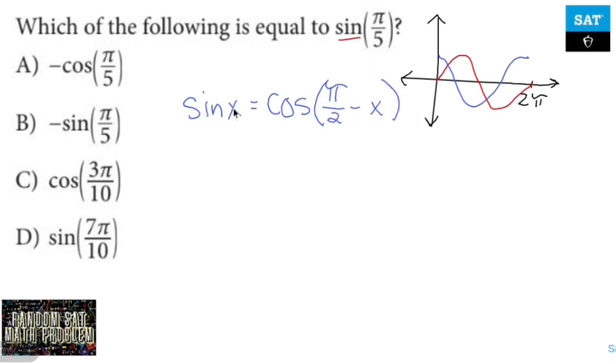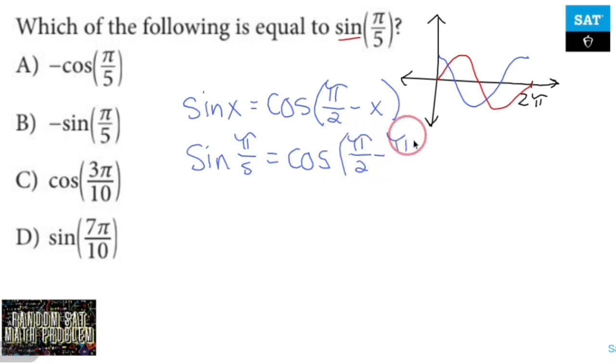So if I'm answering this in terms of cosine, which maybe it wants me to do and maybe it doesn't, I guess we'll find out. But sine of pi over 5 then means it's the same as cosine of pi over 2 minus pi over 5. Now I'm going to rewrite this in terms of having a common denominator of 10.